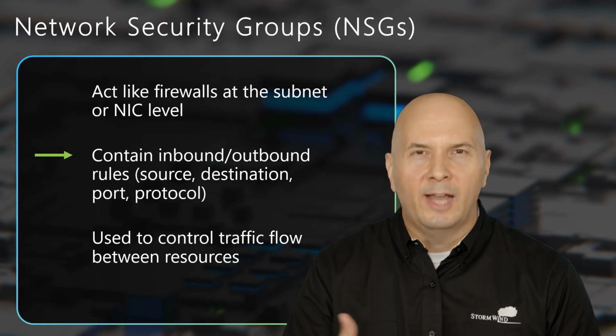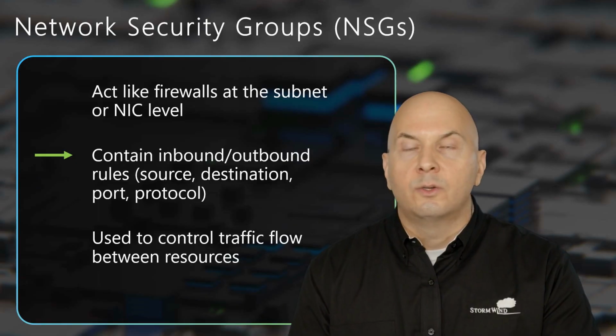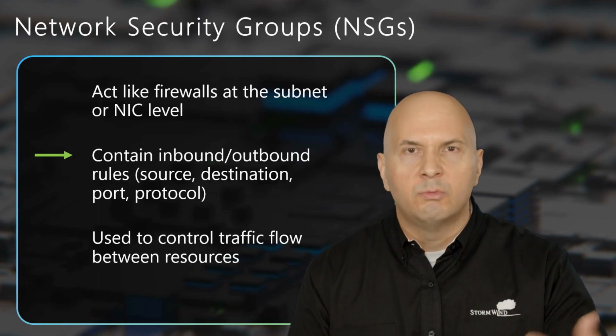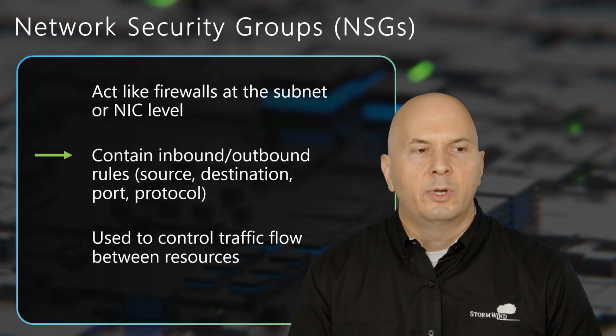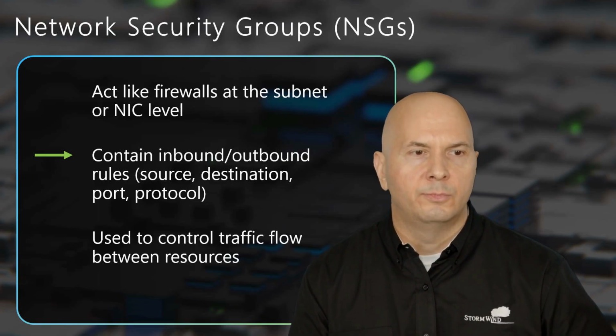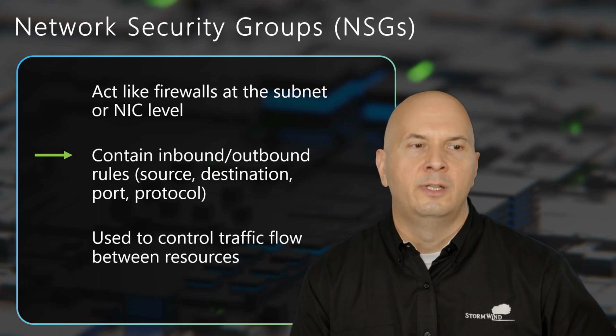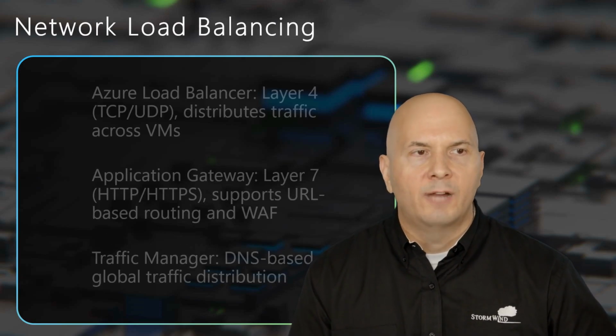So you have inbound and outbound rules, just like if any of you have done Network+ or any Cisco CCNA type stuff, just like you would on a Cisco router or firewall, where you're configuring those port rules or those traffic rules, right? So same concept. You can permit or deny certain types of traffic and control the flow of traffic in those networks.